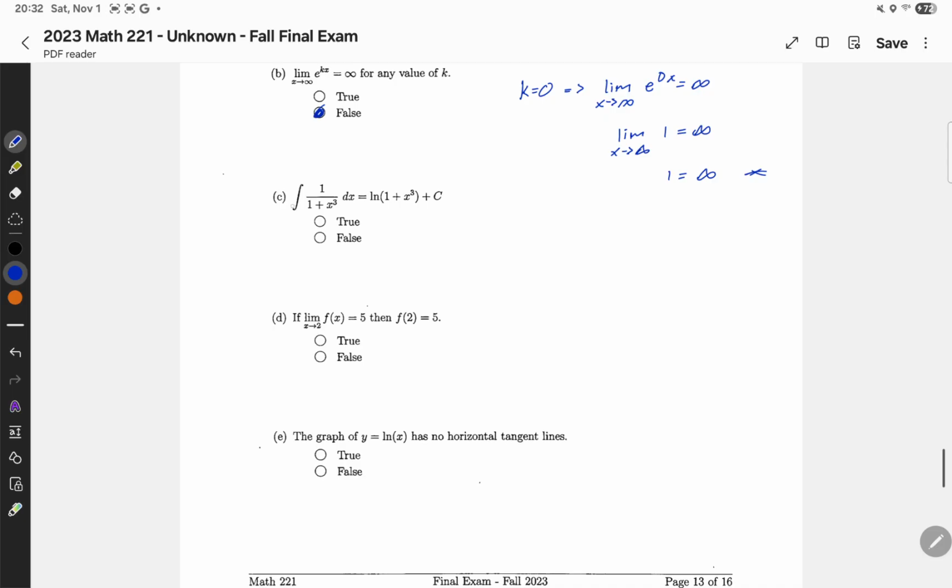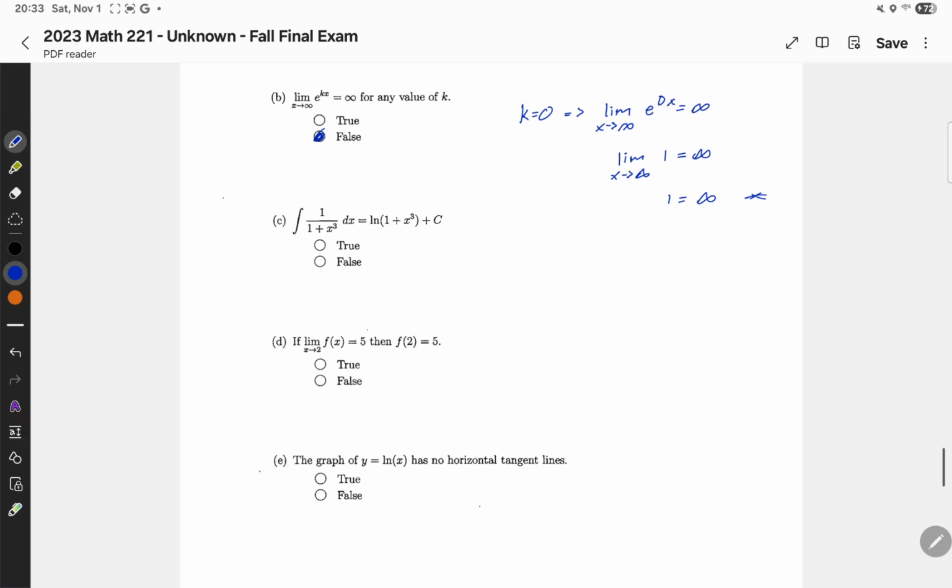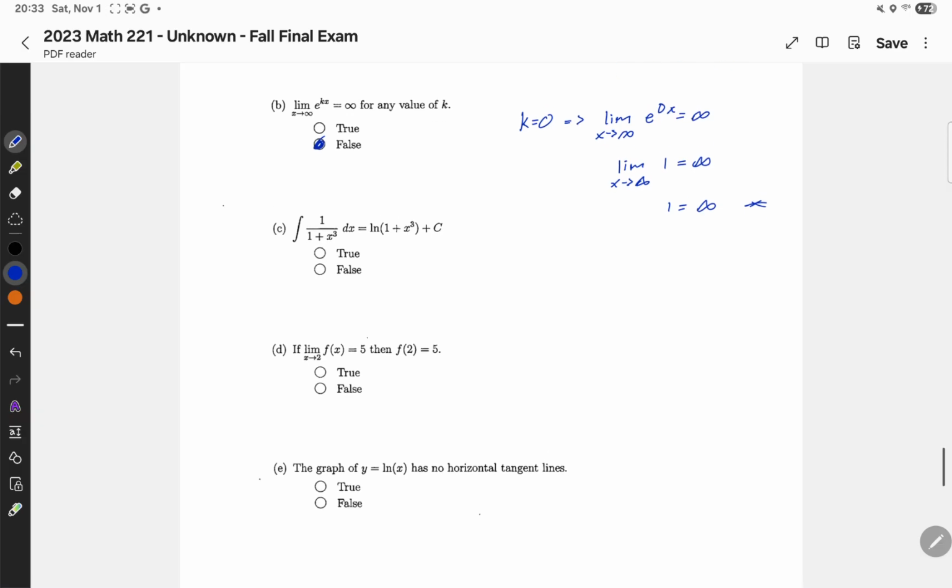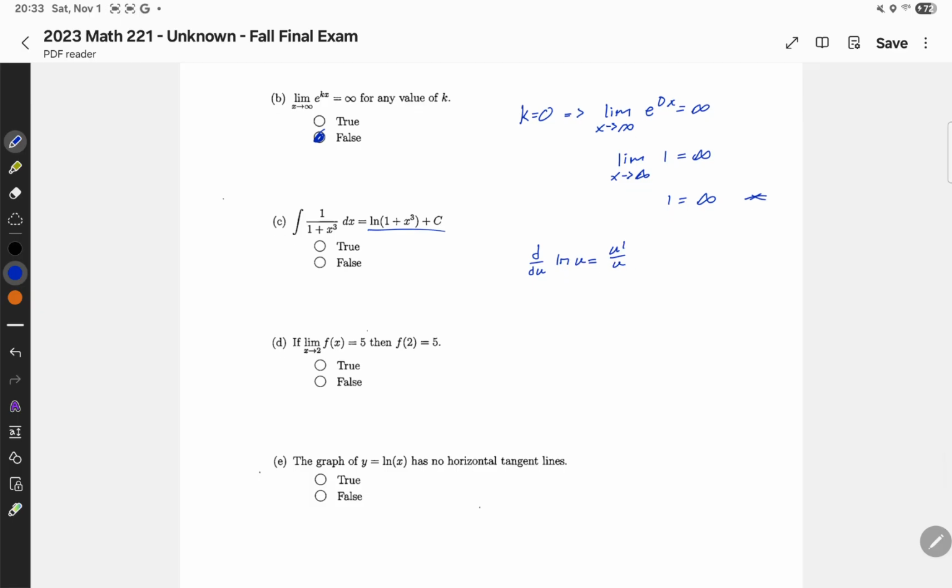Next up here, we have the integral of 1 over 1 plus x cubed dx is equal to natural log of 1 plus x cubed plus c. You may notice right away this is false, but I'll go ahead and write it out. Let's take the derivative of this side and see if we get back to the integral function. Just recall, the derivative with respect to u of natural log of u is u prime over u, and maybe that gives away why it's wrong as well.